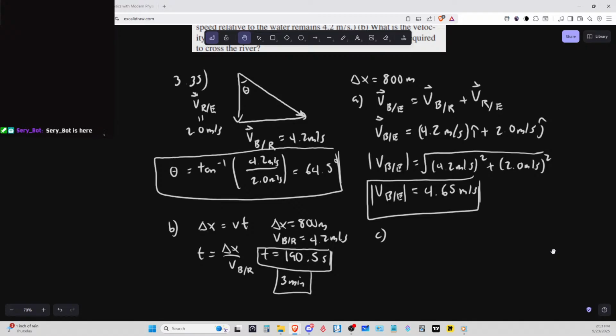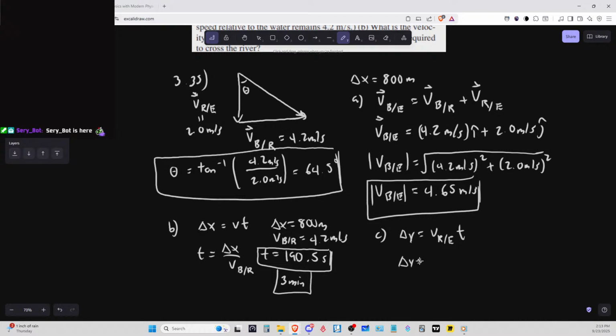So if that is the case, it's the velocity of the river to the Earth times time, because that's how much time it takes for him to go across, so it's during the time when he's crossing the river.